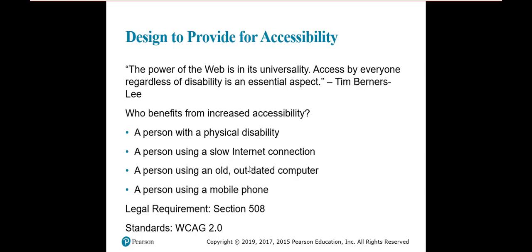Maybe a person is using an outdated, old computer, or maybe a person does not have access to a computer and is accessing the website using a mobile phone, right? These are the kinds of things you need to take care of when you are designing a website.